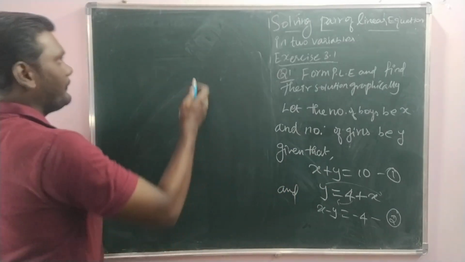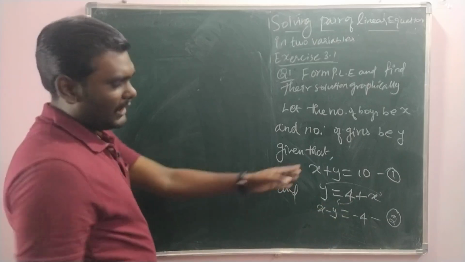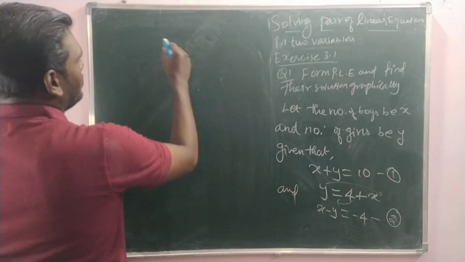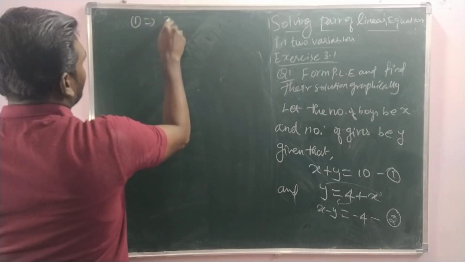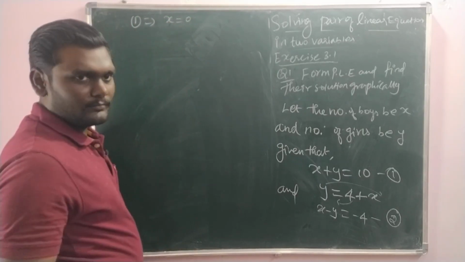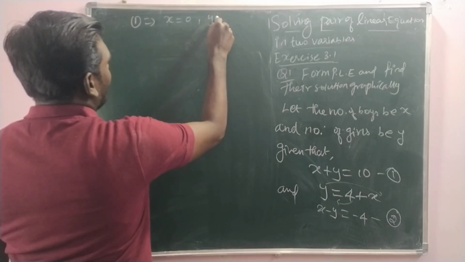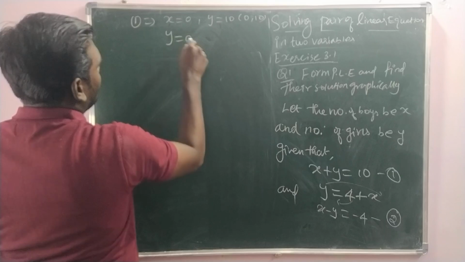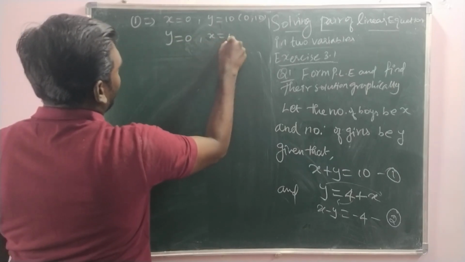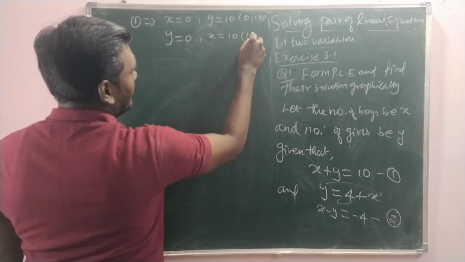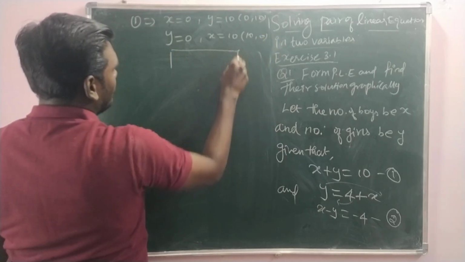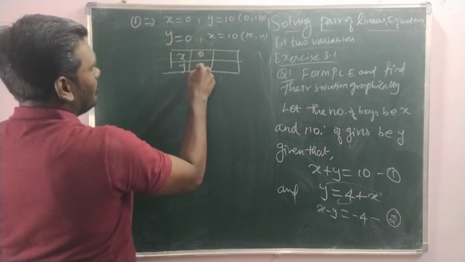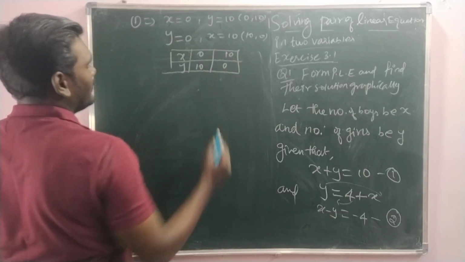Okay. So here the next step after finding the equations, naming them 1 and 2, you have to find 2 points. From the first equation, substitute x equals 0 as we always do. Then we get y equals 10. The point is 0, 10. If you substitute y equals 0, we get x equals 10 and the point is 10 comma 0. So we put one box, x and y: x 0 means y 10, y 0 means x 10.